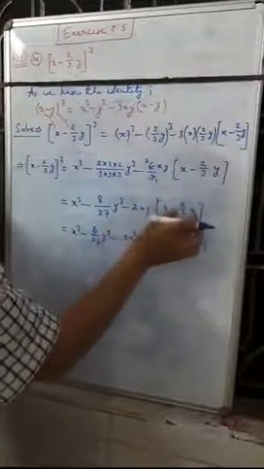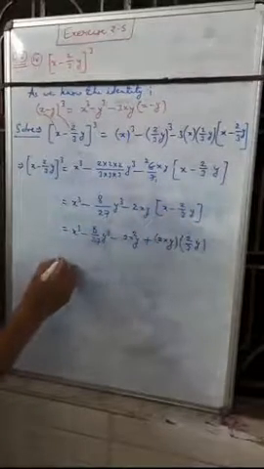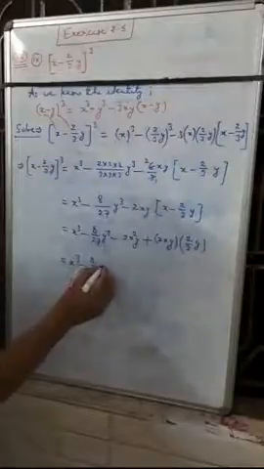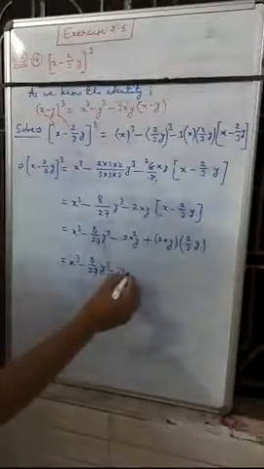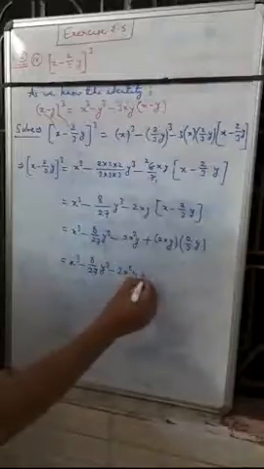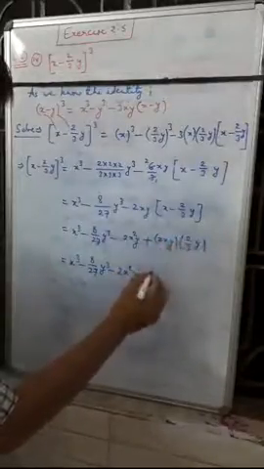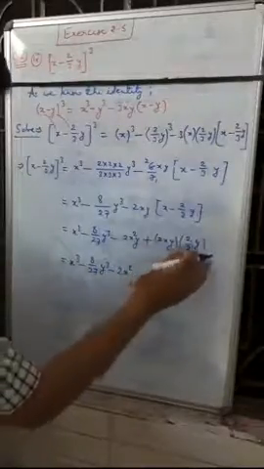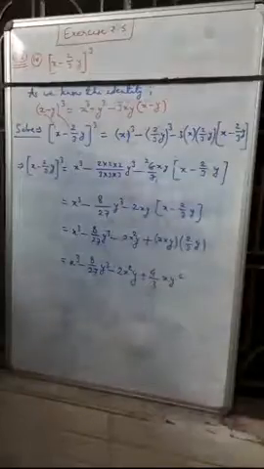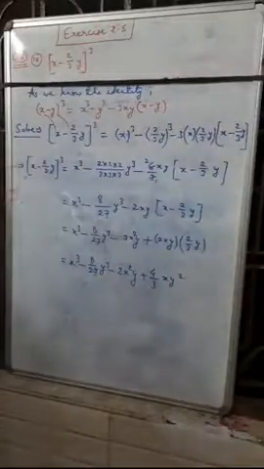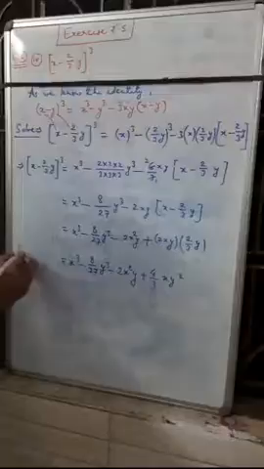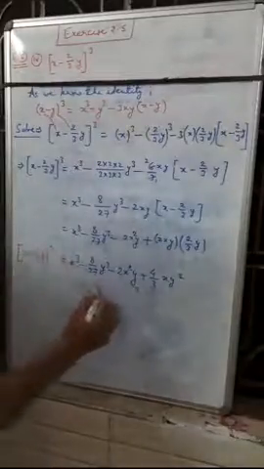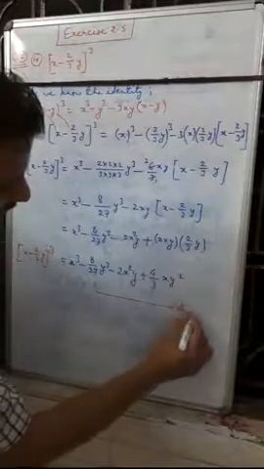So the next step, x cube minus 8 by 27 y cube minus 2x square y plus 2 twos are 4, so 4 upon 3 x y square. This is the solution of the given problem, (x - 2 by 3y) to the power whole cube, and definitely it is the answer of the given question.